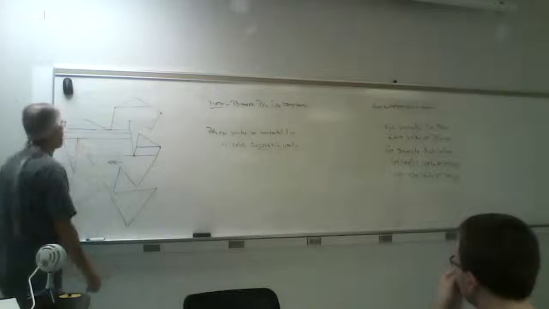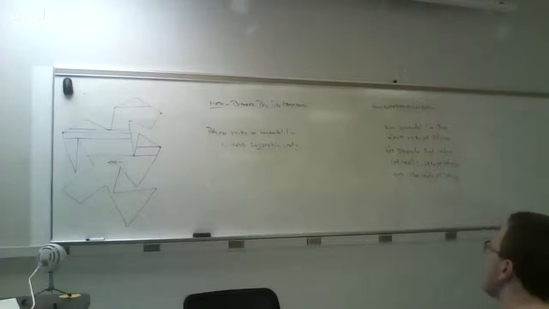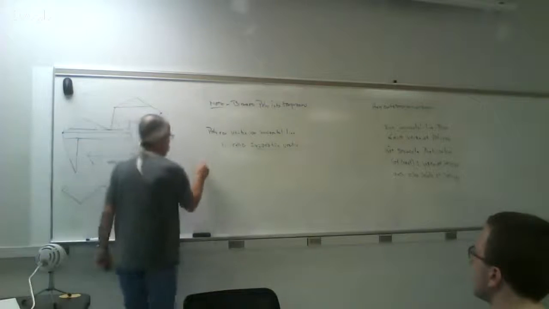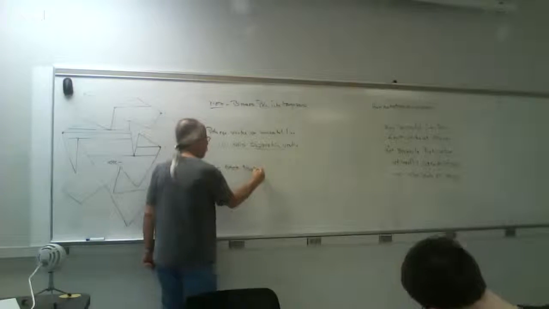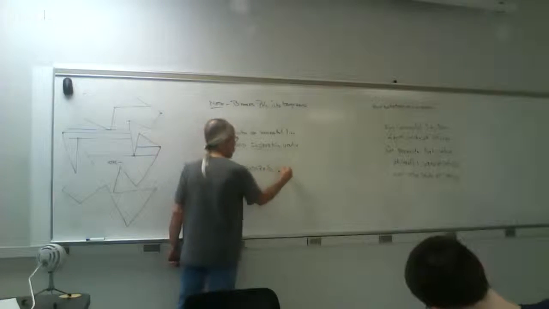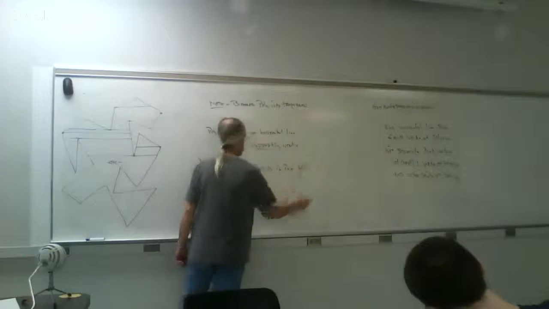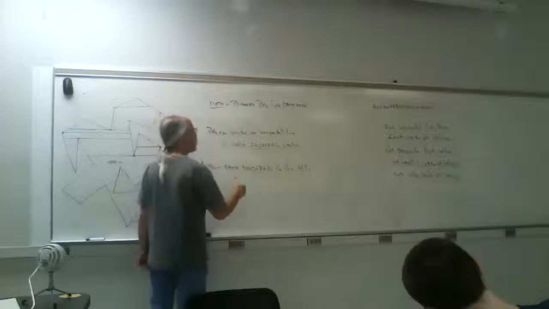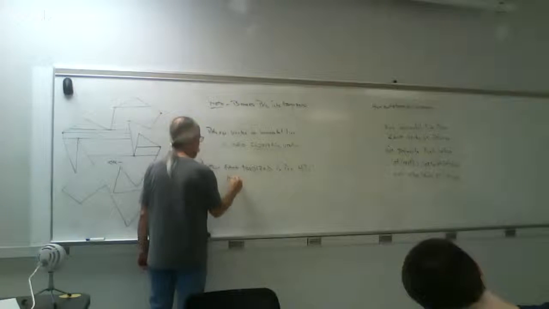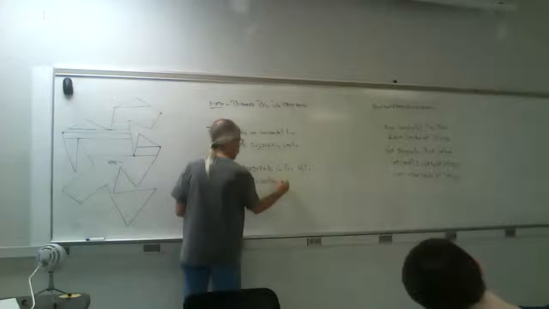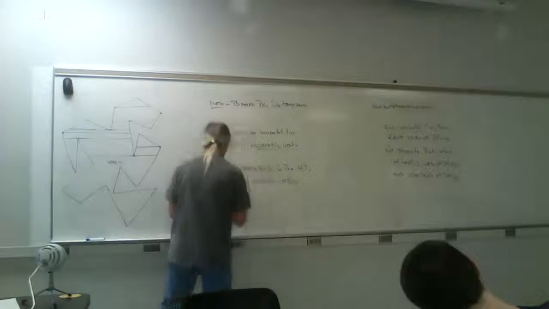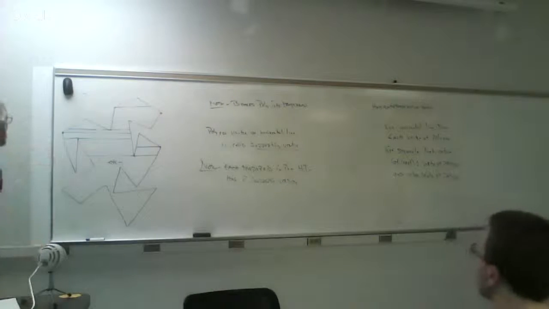So in fact, the trapezoids that come out of this horizontal trapezoidalization each have two supporting vertices in it. Each trapezoid in the horizontal trapezoidalization has two supporting vertices.